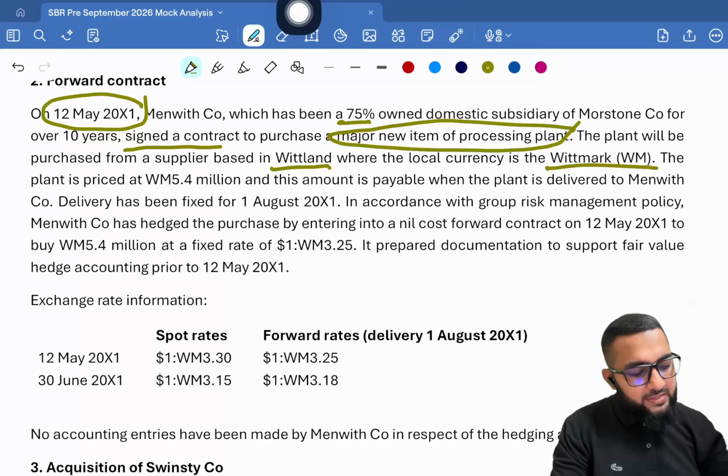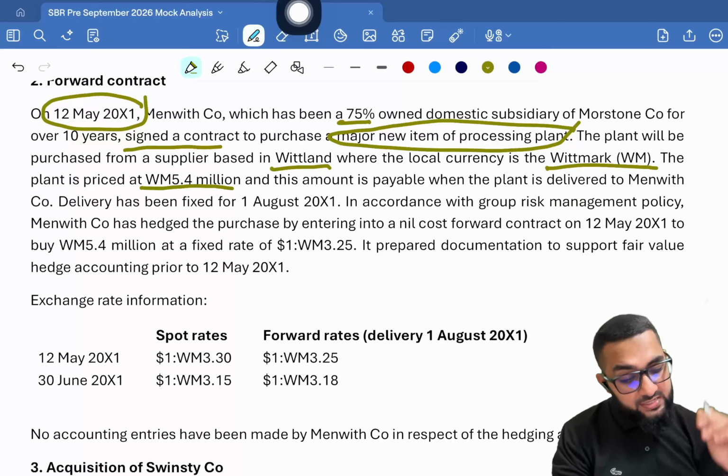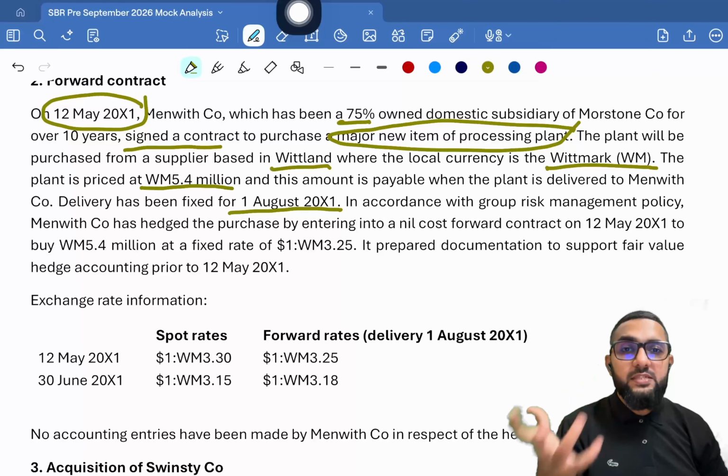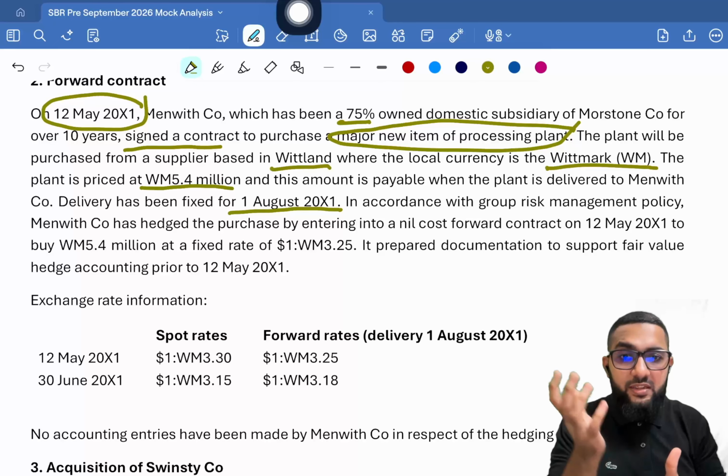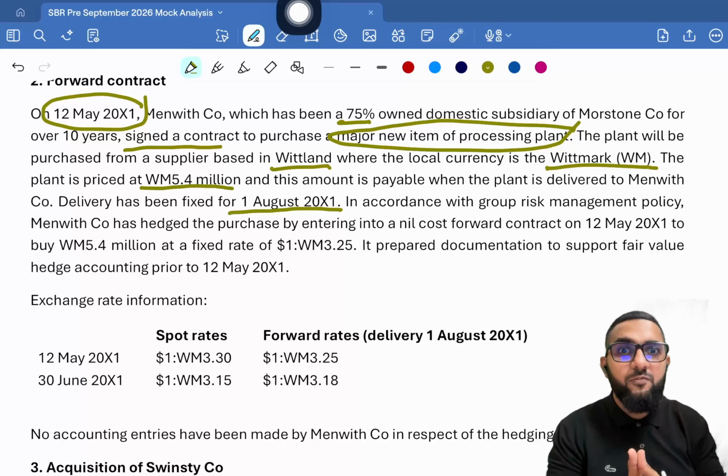The plant is priced at Whitmark 5.4 million, and this amount is payable when the plant is delivered to Menwith Co. The delivery has been fixed for 1st of August. 12th of May is the contract date. 1st of August is the delivery date. So there is a time frame, May, June, July, about 2.5 months. You never know what will happen during that period, whether it's going to go up or down.